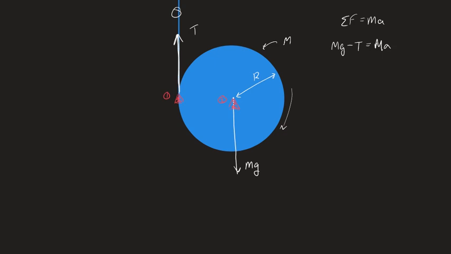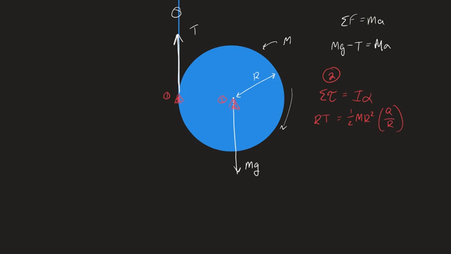If we use 2 as our pivot point, then the tension is causing a torque, a positive torque, because it's causing it to rotate in the direction the system is moving. And I made downwards positive, so into the board is also positive. So the torque for pivot point 2 is going to equal I alpha, which is going to be RT equals 1/2 mr squared times a over R. Just going all the way with it.